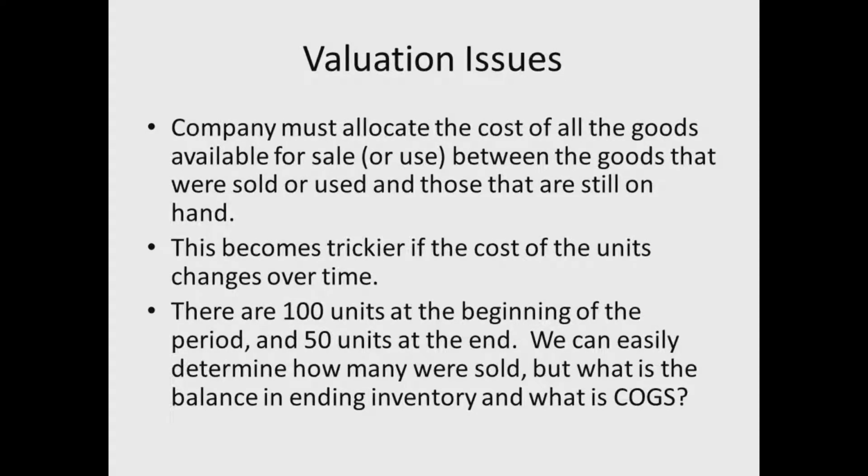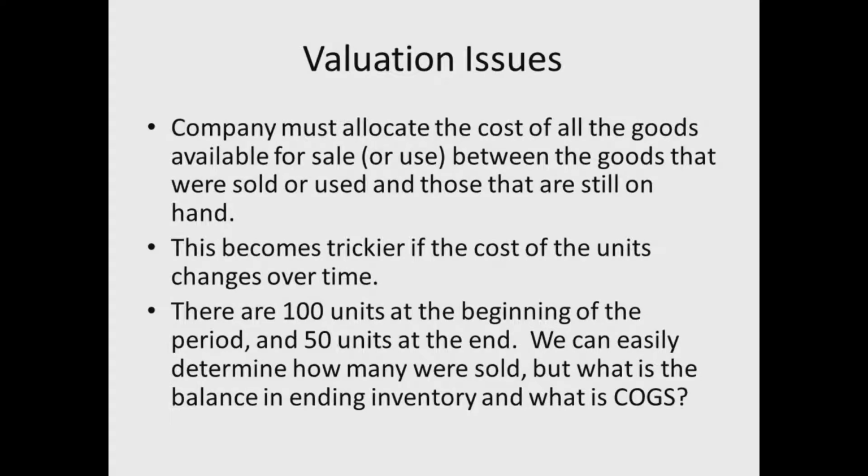Well, definitely a combination of the two, because we didn't have enough. If we sold 150 units, we only had 100 on hand or 100 purchased. But did we first sell the first 100 and then sell the next 50? We don't know that. Maybe we did, maybe we didn't. It doesn't matter from an accounting perspective. We just need to make some sort of assumption about which units we sold.